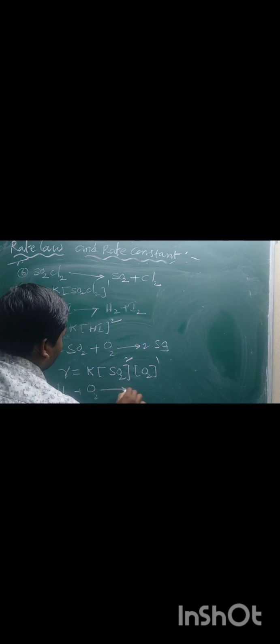SO2 plus O2 gives rise to 2SO3. These are all various examples to write the rate equation. Hydrogen combines with oxygen to form water molecules: R is equal to K into concentration of H2 whole square, concentration of O2.